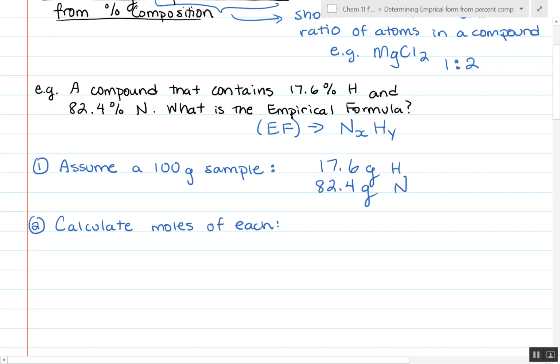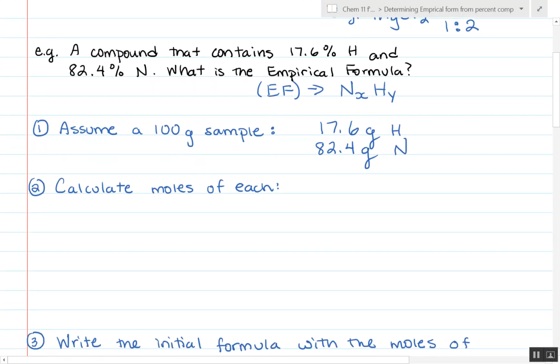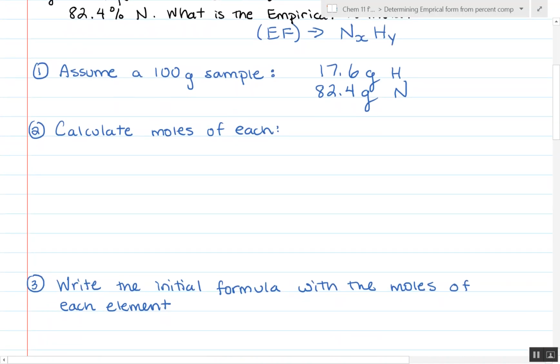Hydrogen and nitrogen. So our next step is to calculate the moles of each. So let's go ahead and do that. So straightforward, what we've been doing in class, 17.6 grams of hydrogen. We want to use the molar mass of 1 mole of hydrogen. There are 1 gram of hydrogen, so our grams cancel out.